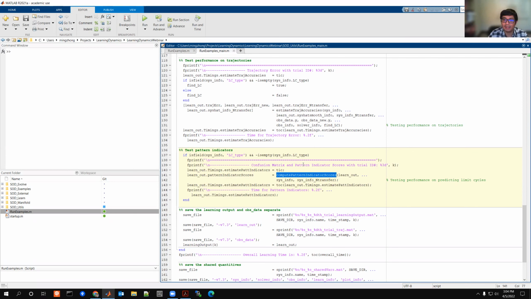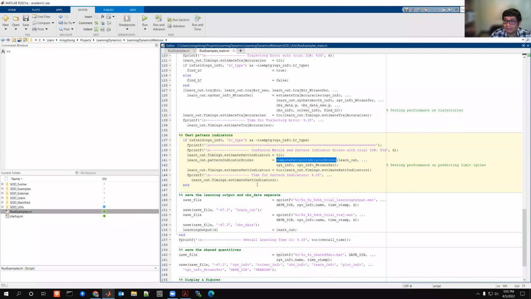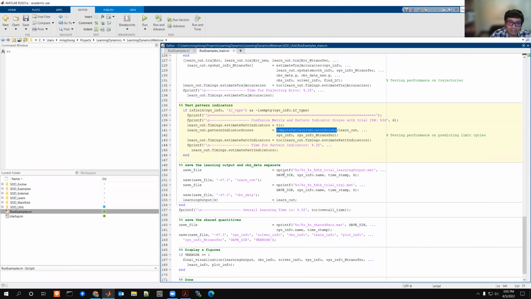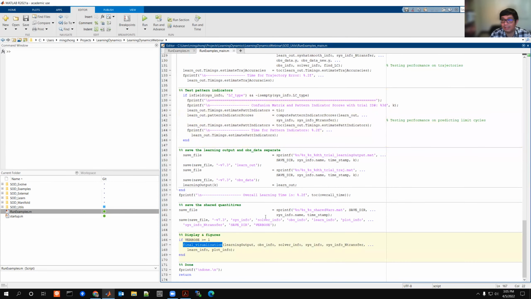But once you know that, we can compute whether the predicted dynamics is in the same emergent behavior as the observed data. And at the end, you just do a final visualization that outputs the interaction kernels and also all the trajectory data.